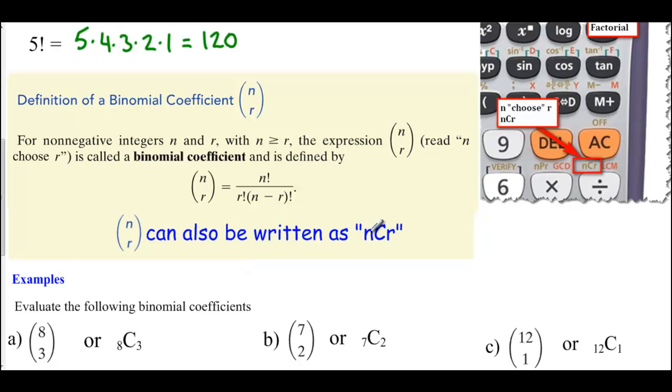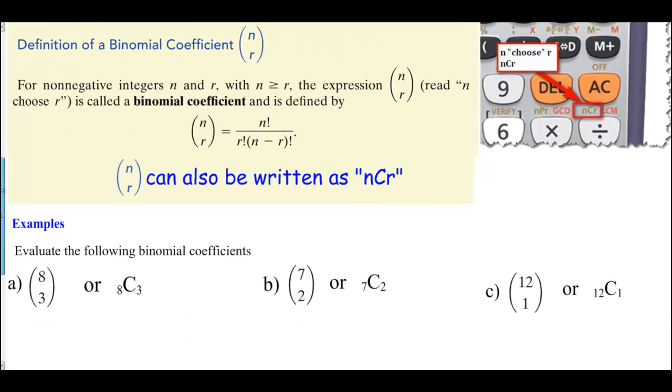It can also be written as nCr, so n choose r. So for A, I wanted to show you what it means and work through it by hand really quickly, and then I'll show you guys the faster way to do it.